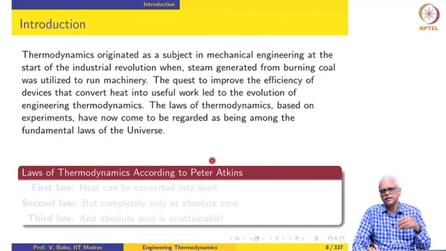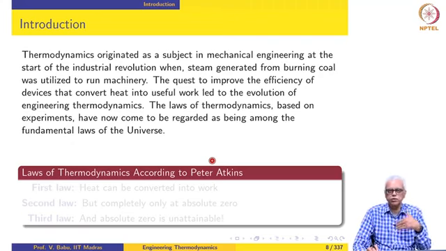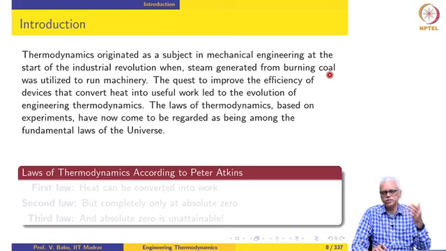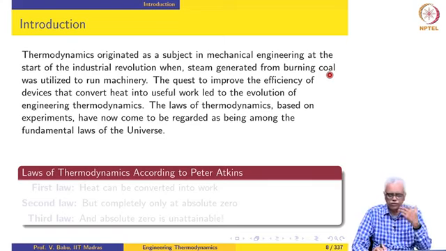It was realized that steam could actually be used to run machines, not only steam engines but many other machines, or it can be used to operate many things which until then had to be done with extensive manpower. So, this steam was generated by burning coal, and it could be used to run machinery to do many things. So, that heralded the Industrial Revolution.